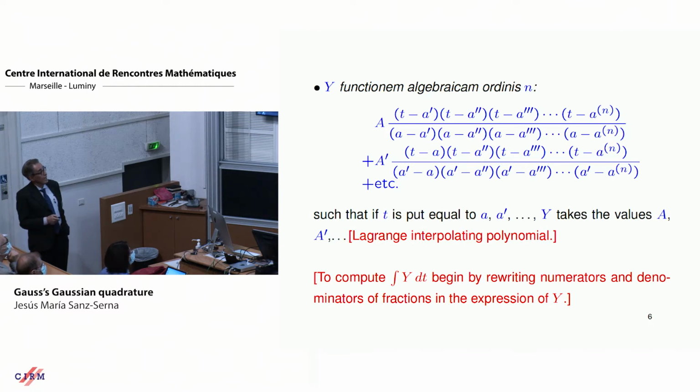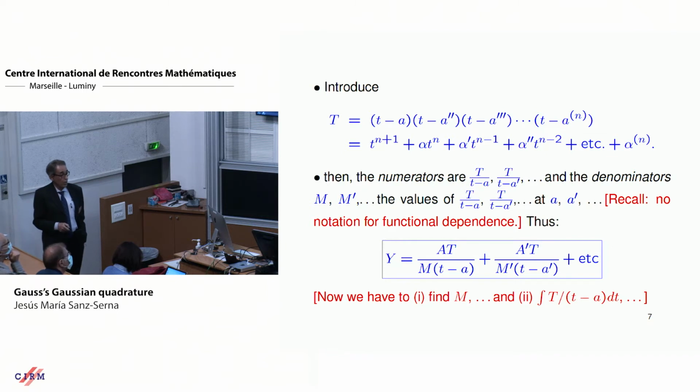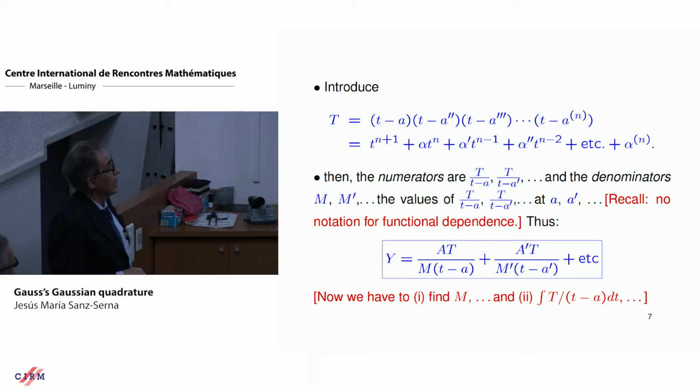But before he does that, he rewrites the numerators and the denominators in this expression as follows. So he introduces this T that is very important in what follows. For you to remember, this is written on the blackboard. So T is the polynomial of degree n+1, a monic polynomial, whose roots are the abscissas, and he denotes the roots by a, a prime, and so on, and the coefficients by alpha, alpha prime, alpha double prime, and so forth.